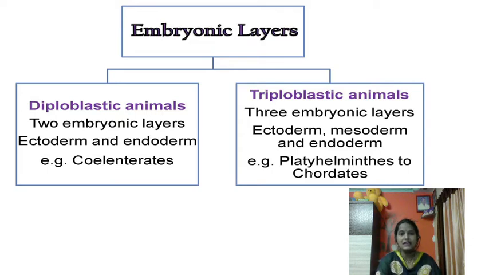For example, coelenterates are diploblastic animals. Triploblastic animals have three embryonic layers: ectoderm, mesoderm and endoderm. From phylum Platyhelminthes onwards till chordates, all of them are triploblastic organisms.